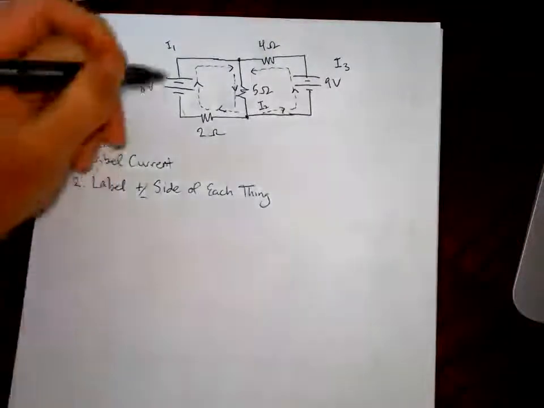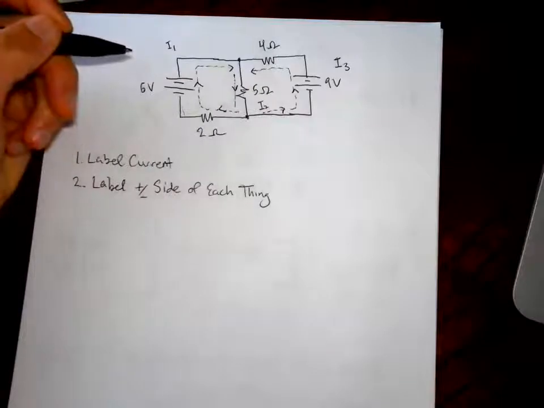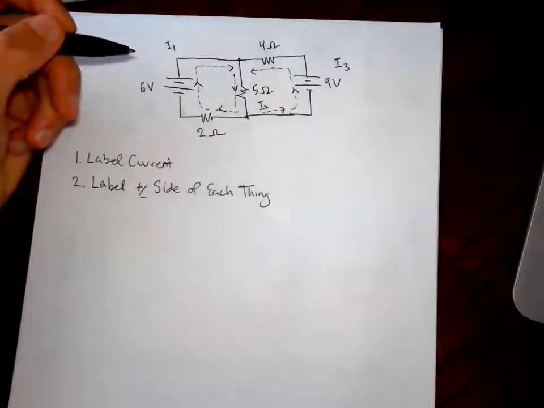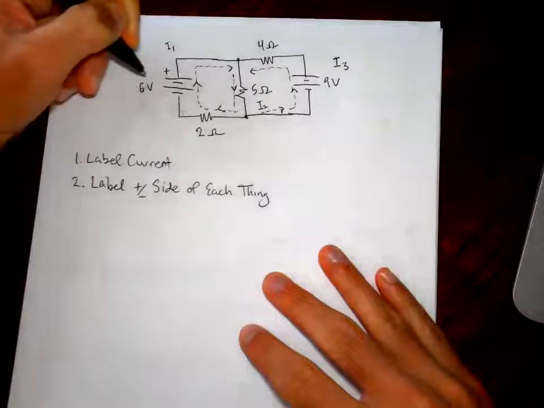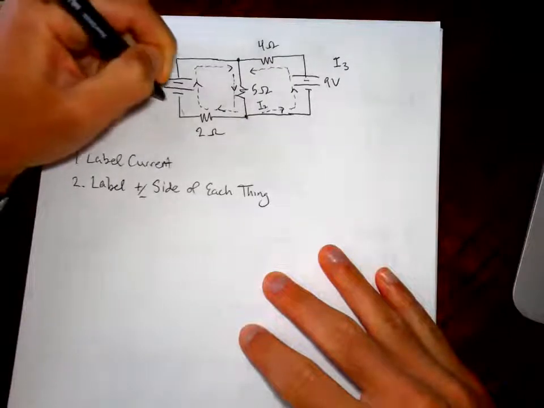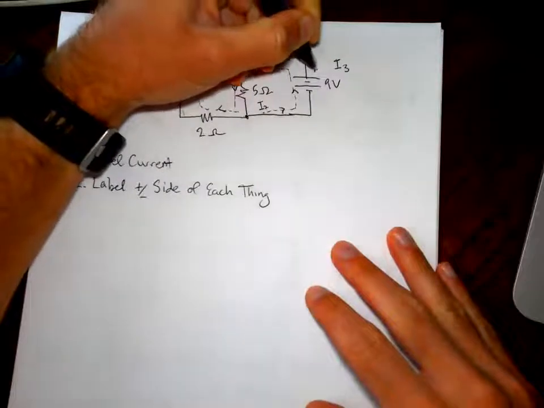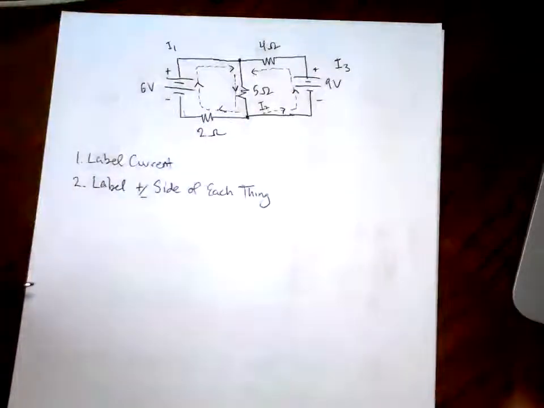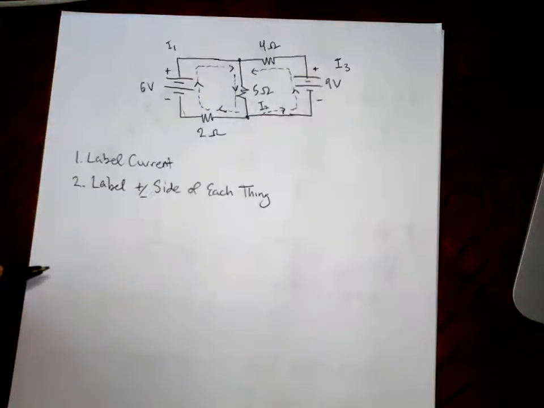Batteries, I told you that the longer line is the positive terminal of the battery. So this would be the positive terminal of the 6-volt battery, and this would be the minus terminal. This would be the positive terminal of the 9-volt battery, and this would be the negative terminal. Okay, so labeling the batteries is pretty easy.